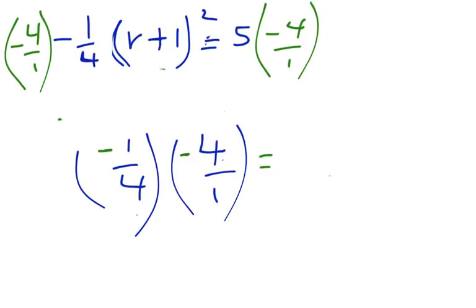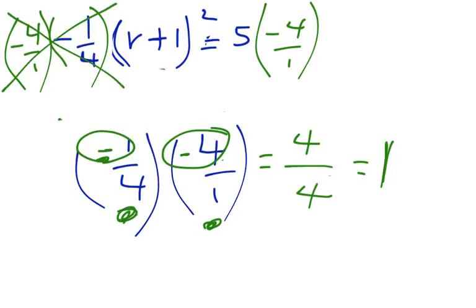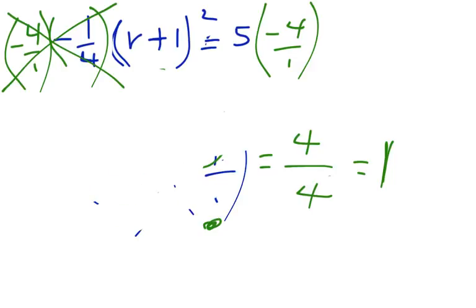Because I know that negative 1 over 4 times negative 4 over 1 is going to give me 1. Negative 1 times negative 4 is positive 4. 4 times 1 is 4. 4 divided by 4 is 1. When I use the reciprocal, I'm canceling the fraction. So let's continue.